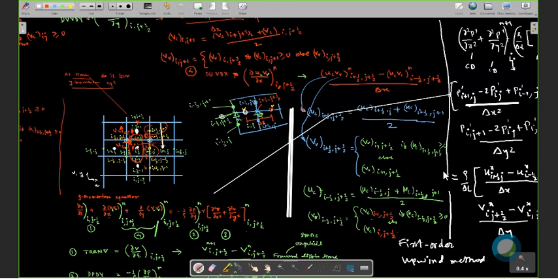What we have done is either you have taken this value or you have taken this value. You have just assumed one point in order to calculate u at i plus 1, j. You have considered either this point or the other point. So only one point is considered. That is the reason it is first order.